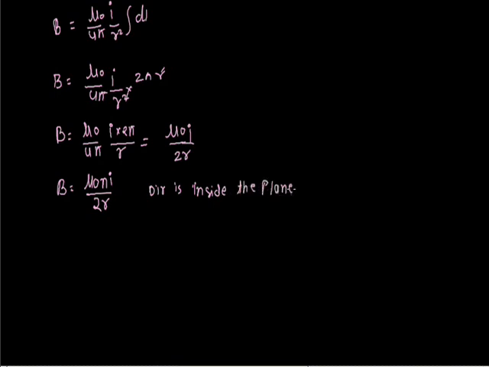If we change the direction of current, the direction of the magnetic field is also reversed, opposite in direction, and the magnitude remains constant.